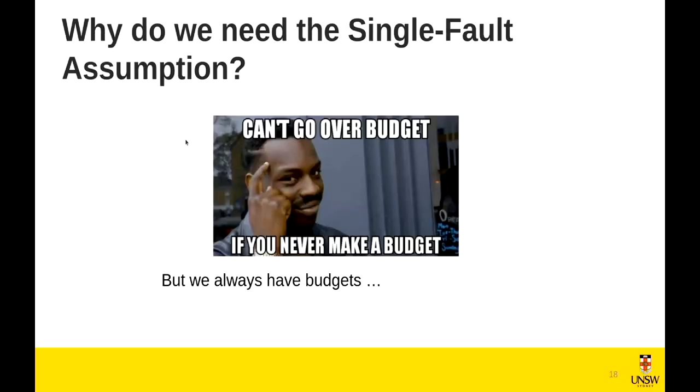That is because we always have a budget for us to meet. So although the single fault assumption weakens the overall test suite, and it covers fewer cases, sometimes we still need to make such an assumption. That's why we need this type of assumption.